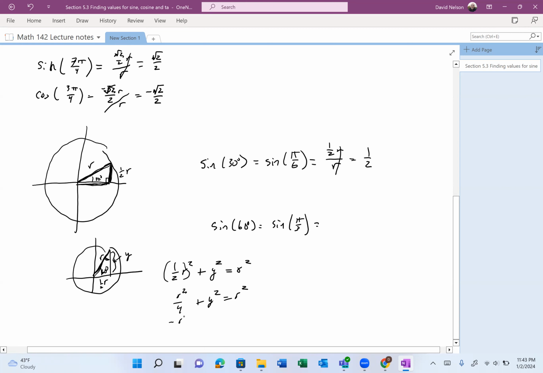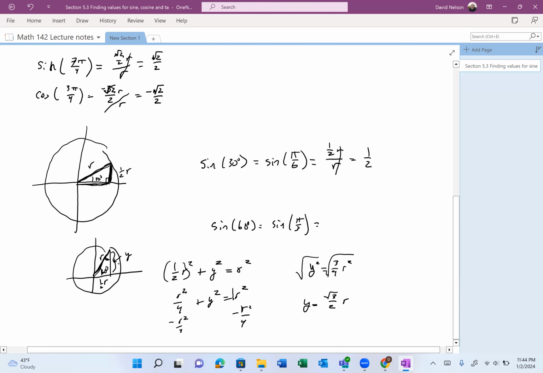And if I subtract r squared over 4 from both sides of the equation, I'll get y squared is equal to, now this is 1 r squared, and I'm subtracting 1/4 of r squared, so I'm going to end up with 3/4 r squared is equal to y squared. And so if you take the square root to get y by itself, you're going to get two answers, a positive and a negative. I'm going to get the square root of 3 over 2 times r for the y coordinate. I want the positive one in this case.